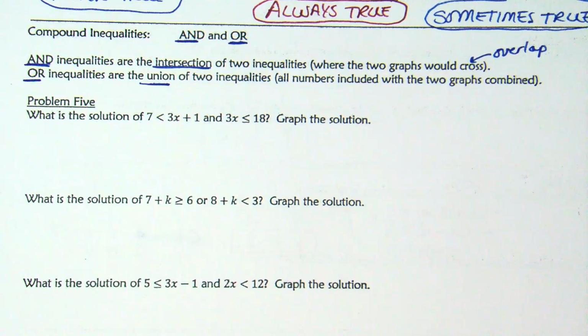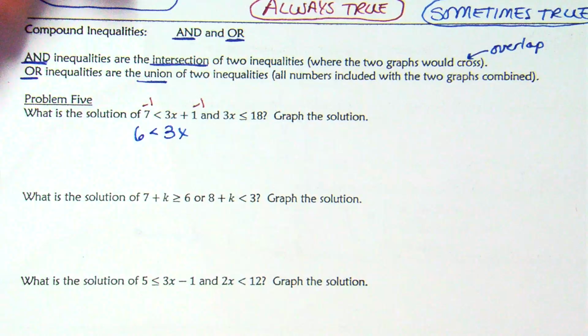Get x by itself, we're going to subtract 1. So 6 greater than 3x. And now to get x by itself, we're going to divide by 3, and I have 2 greater than x.